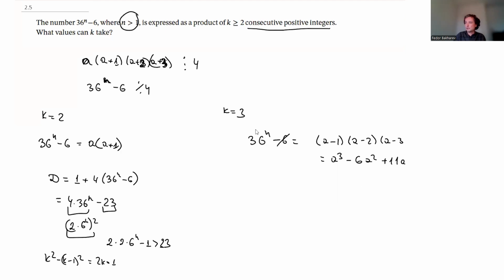And we find out that this 36 to the power n can be represented as a product of two factors. And here we know that a should be big enough. So a is bigger than 1, surely. I think that it's even bigger than 3, even bigger than 4. And it's smaller than a squared minus 6a plus 11.